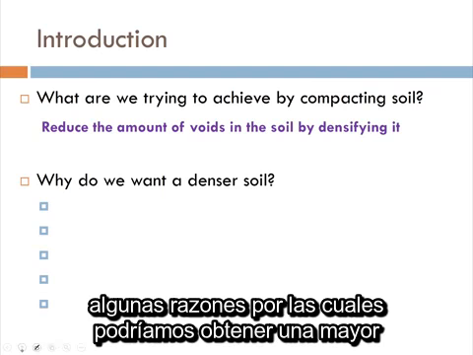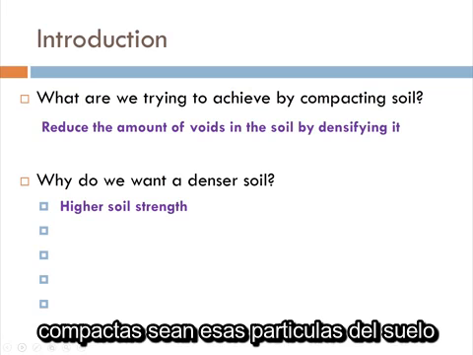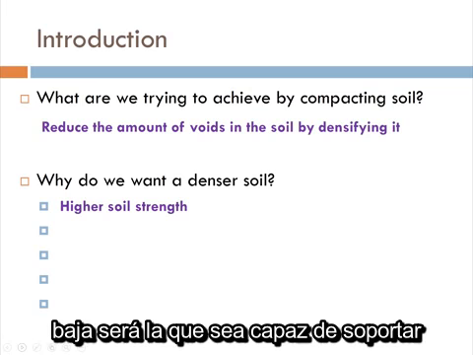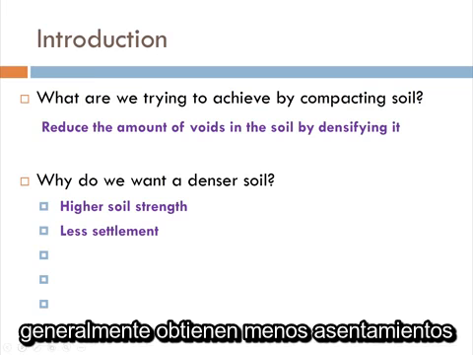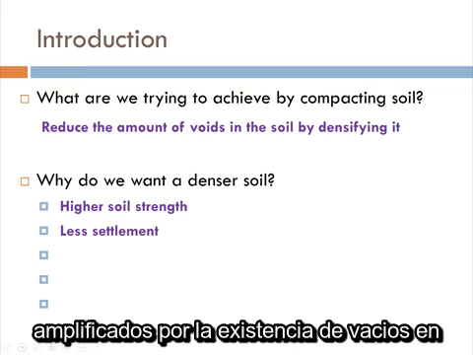Well, a few reasons. One, we might get a higher soil shear strength. The tighter those soil particles are compacted together, the stronger the strength, or the more load that they're able to bear. We generally get less settlement. Certain types of settlement come from, or are amplified by, the existence of voids in the soil.